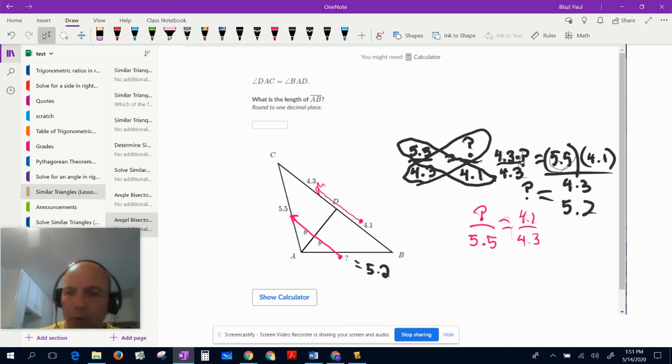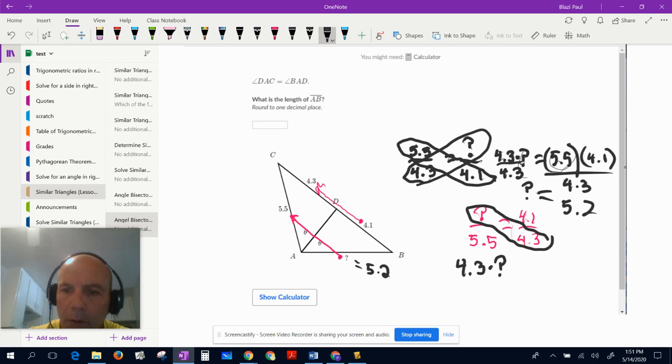Now guess what? I'm going to prove that the other one works just the same. So cross multiply. Boom. 4.3 times question mark equals 5.5 times 4.1.